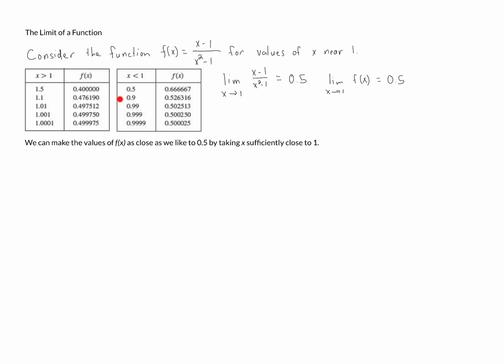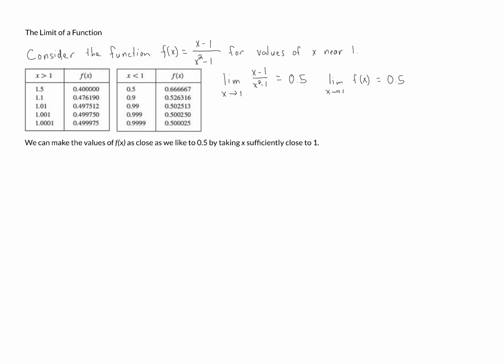If we look at this table of values here, we can see that as we pick values of x that are closer and closer to 1, the values of f of x are getting smaller and smaller, and they're getting closer and closer to 0.5.